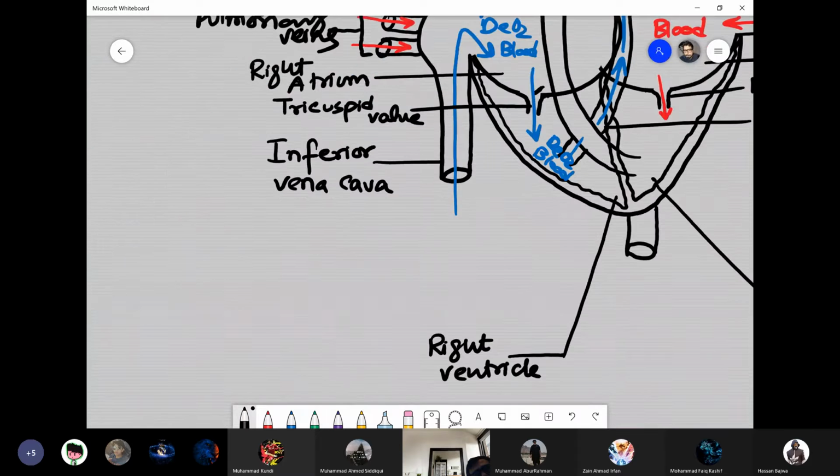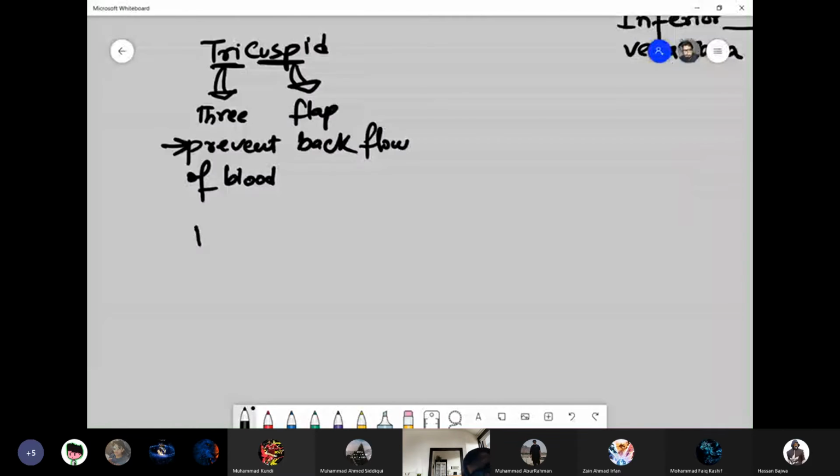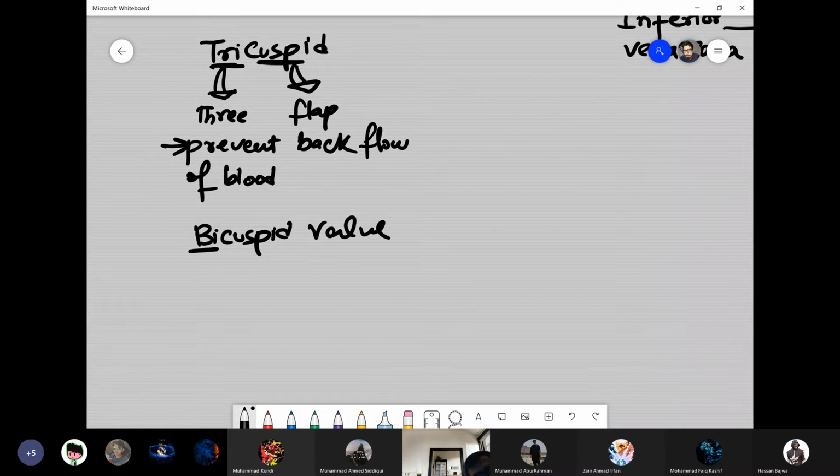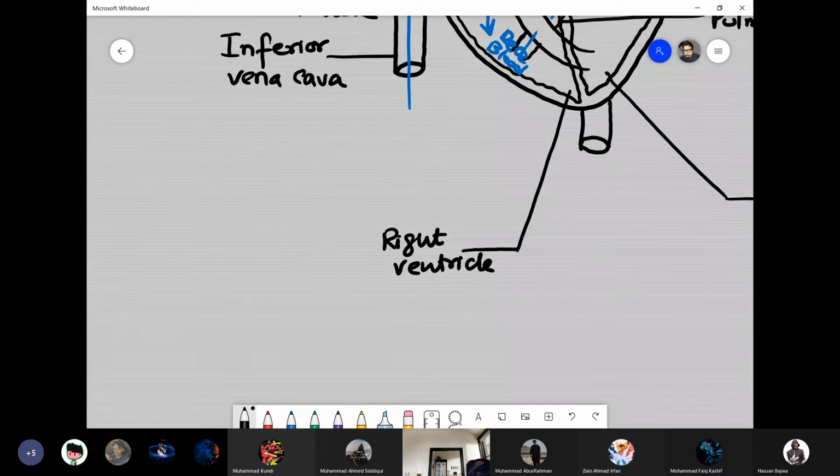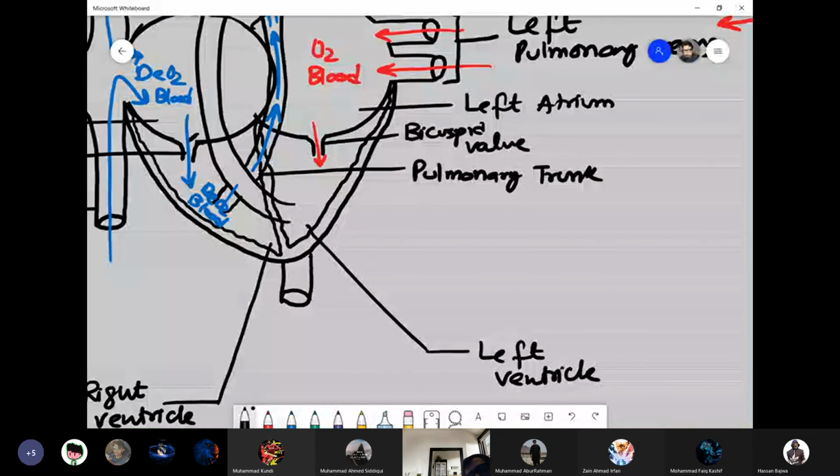Now why is it called the bicuspid valve? Let me tell you. Here the word bi means two. And the word cusp means flap. So in the bicuspid valve, there are two flaps.